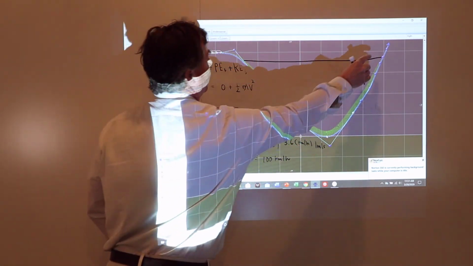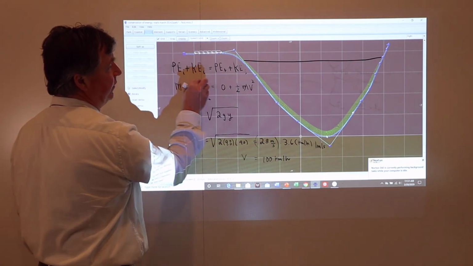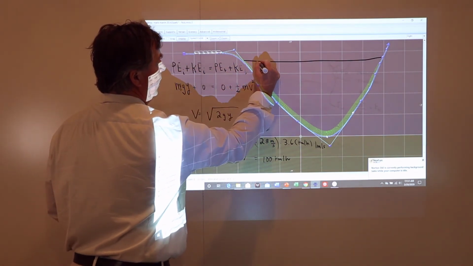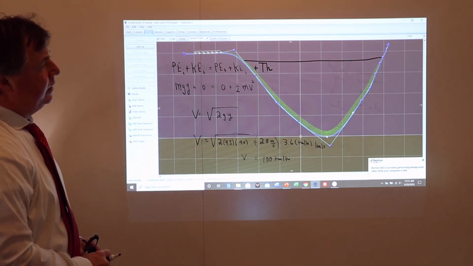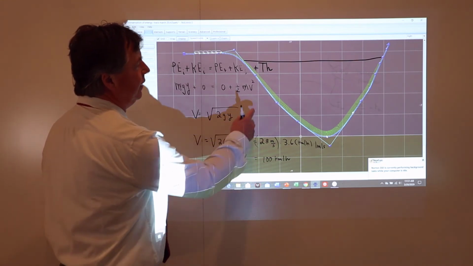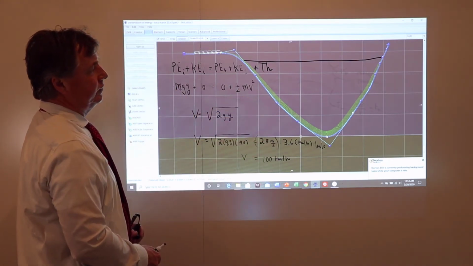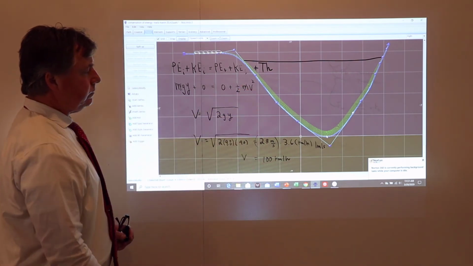It'll never make it back to where it started. What does that mean? It means that some of the mechanical energy ended up as thermal energy, or heat. That would be the combination of thermal energy lost to air resistance and thermal energy lost to rolling friction, the friction of the wheels against the track.